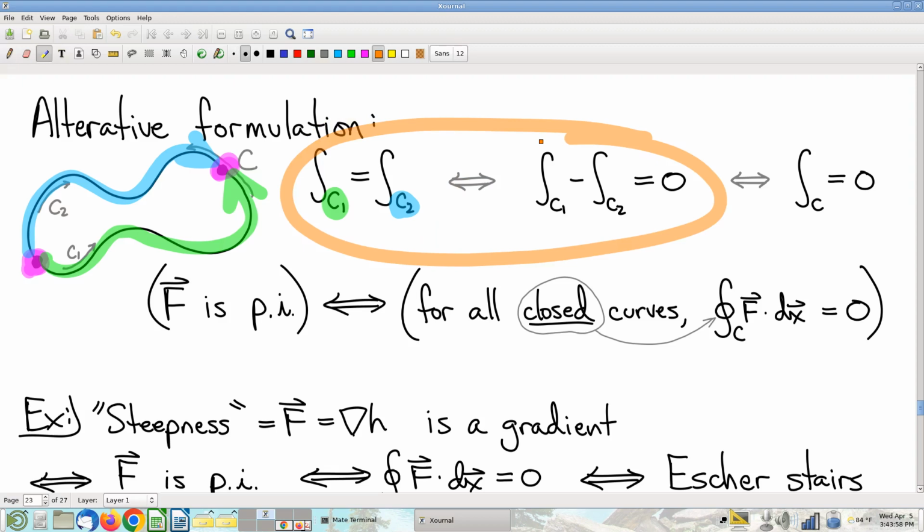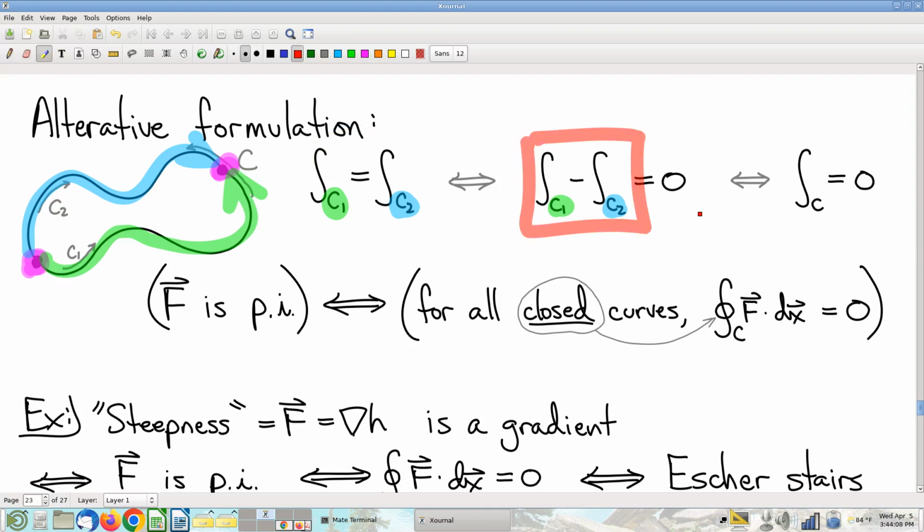Now let me color code again. Let's think about what we can say about this difference. I need to compute a line integral along C1, but then I need to subtract the line integral along C2. Let me say that differently. I need to move along C1, and then I need to go backwards along C2.